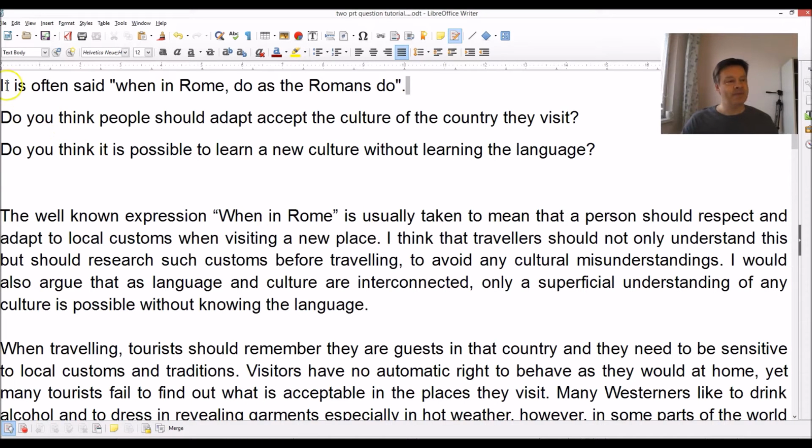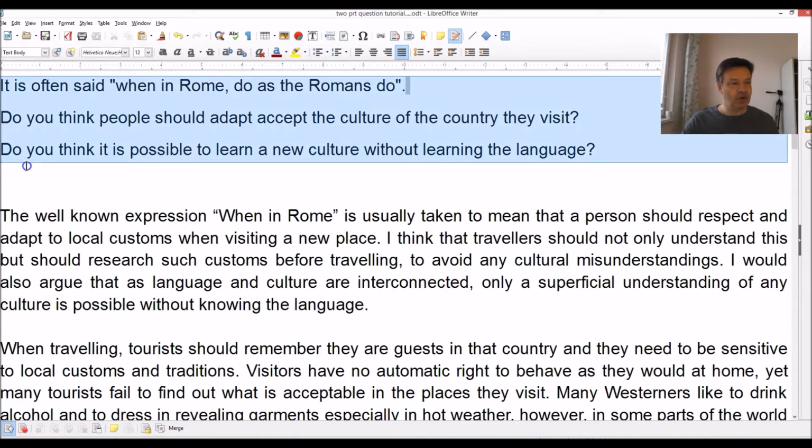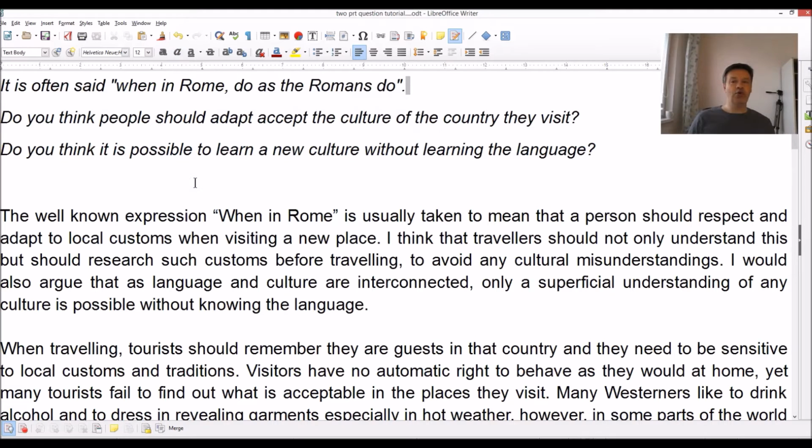So here we go. So the question was, it's often said, when in Rome, do as the Romans do. Do you think people should adapt, let's change that, accept the culture of a country they visit? Do you think it's possible to learn a new culture without learning the language?